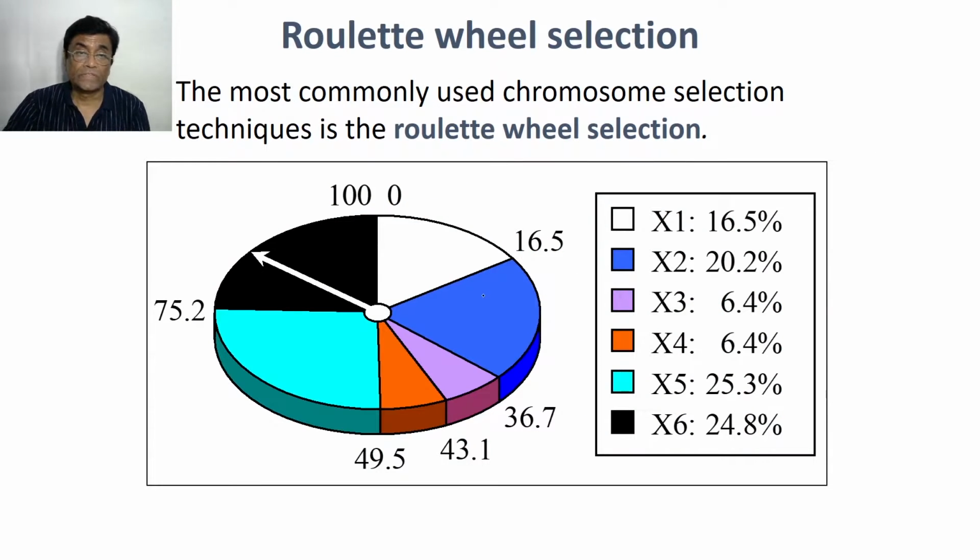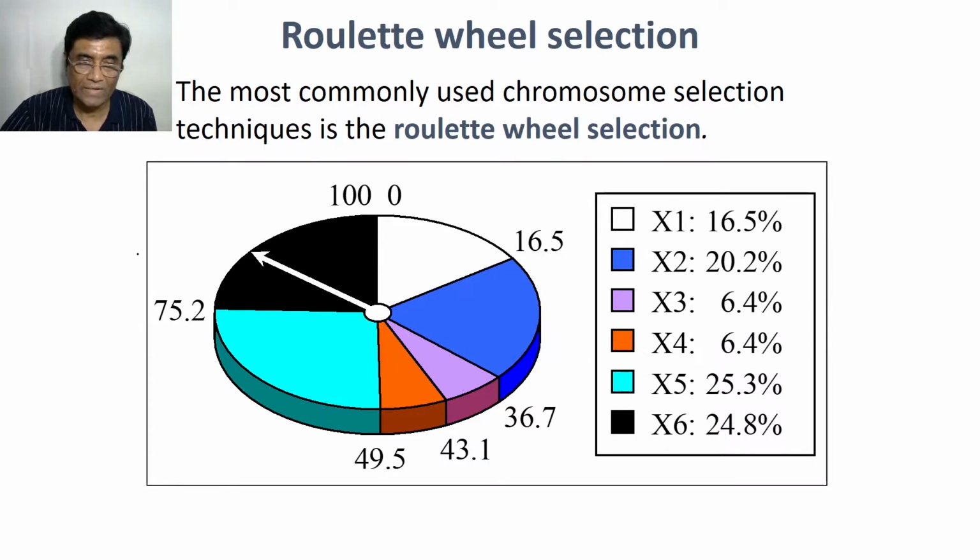And so this is Roulette Wheel 0 to 100, and you can now show which chromosome has how much space occupied there. It is proportional to the fitness value. You see, this chromosome has maximum fitness value, so it has occupied maximum space here, right? 25.3%.